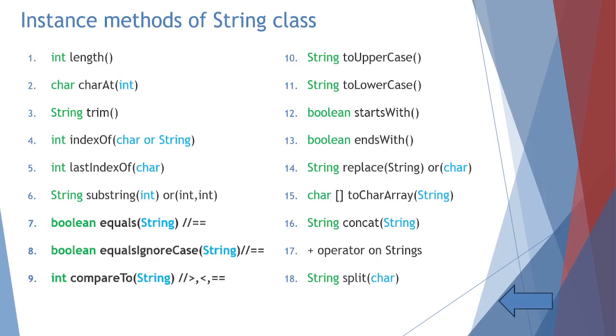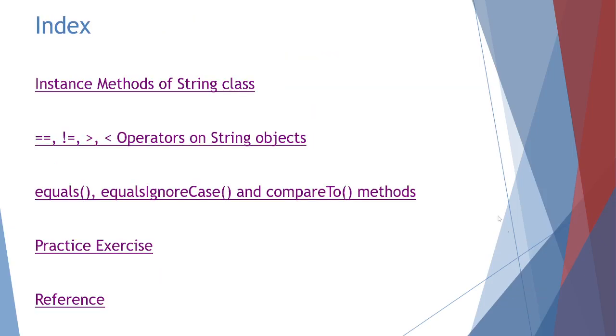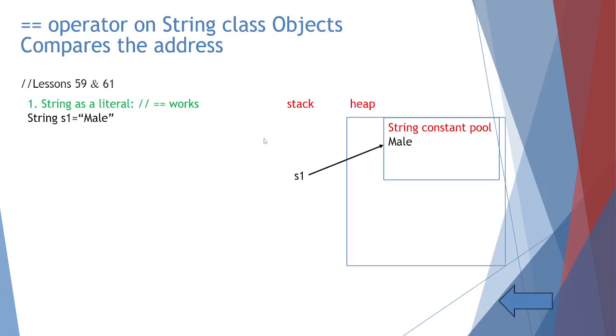And the compareTo method checks greater than, less than, equality also. Now let's understand a bit about string objects and the double equals operator. The double equals operator compares the address only. What does it do? Compares the address.